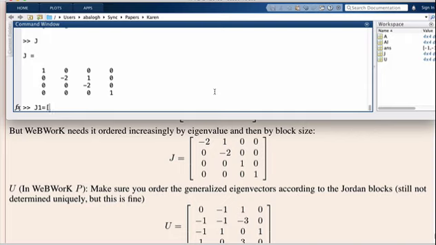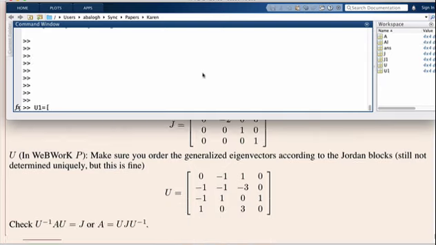Let's create a J1 matrix with what we calculated: 0, 0, 1, 0, and 0, 0, 0, 1. So this is the J1 matrix we calculated, in increasing order of eigenvalues. And the U1 matrix: 0, minus 1, 1, 0, minus 1, minus 1, minus 3, 0, minus 1, 1, 0, 1, 1, 0, 3, 0.